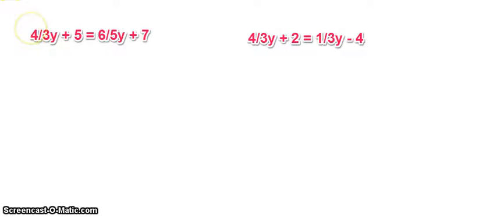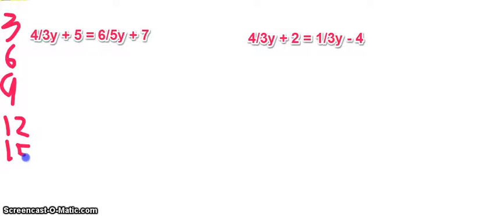So 3 goes up to 6, 9, 12, 15. You just count up by 3's until you reach a number that is also divisible by 5. Because if you go up by 5's, you go 5, 10, 15. And you see that both these numbers have 15 in common.